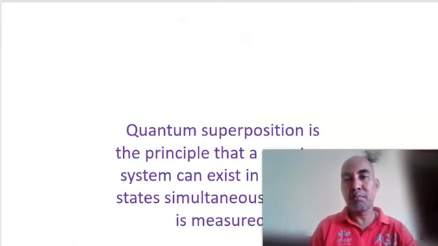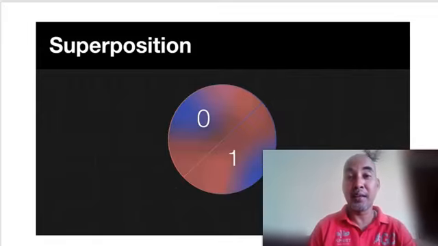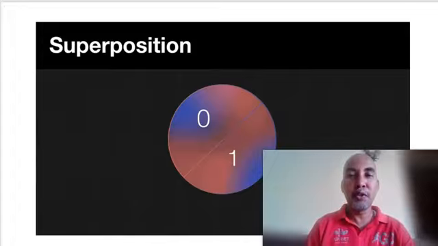So we have a lot of phenomena involved in qubits or quantum computing. The first one is superposition. Quantum superposition means the quantum system can exist in multiple states simultaneously until it is measured. That is, in conventional computing, if we assume it is bit 0, that will be 0 forever.